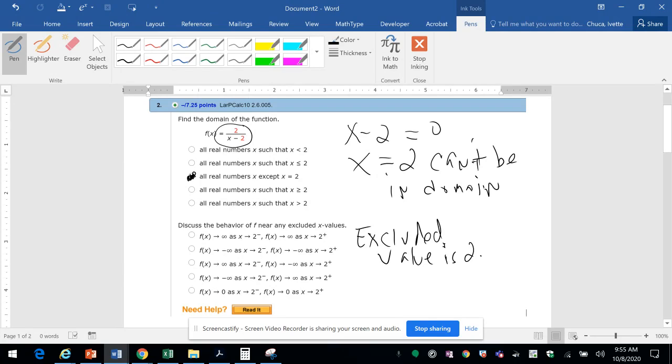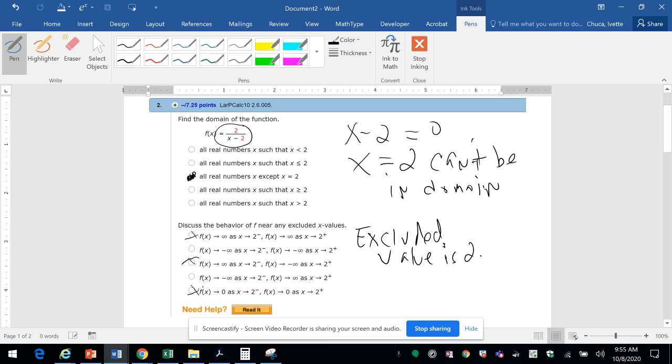We said yes. And this one, as x approaches 2 from the left side, does it go to positive infinity? So no. And this one was a no. And as x goes to 2 from the left side, it goes to negative infinity? Yes.